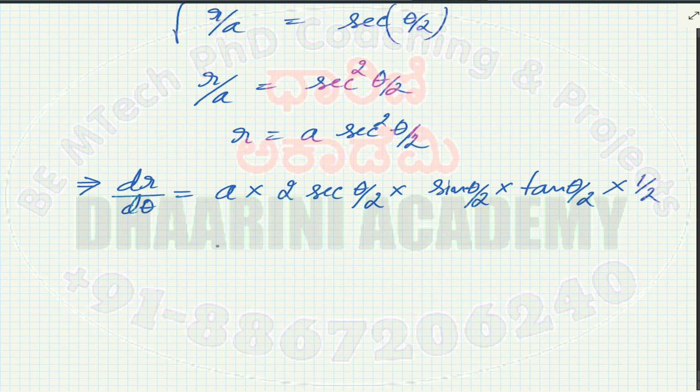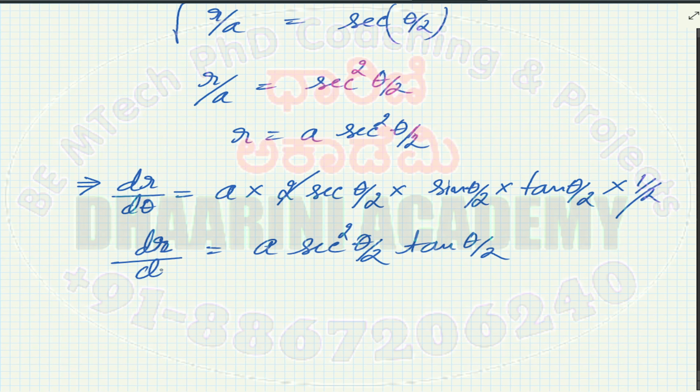So the 2 and half will get cancelled. So this is equal to a into secant square theta by 2, there are two secant terms, into one tan term, that is tan of theta by 2. So this is dr by d theta.